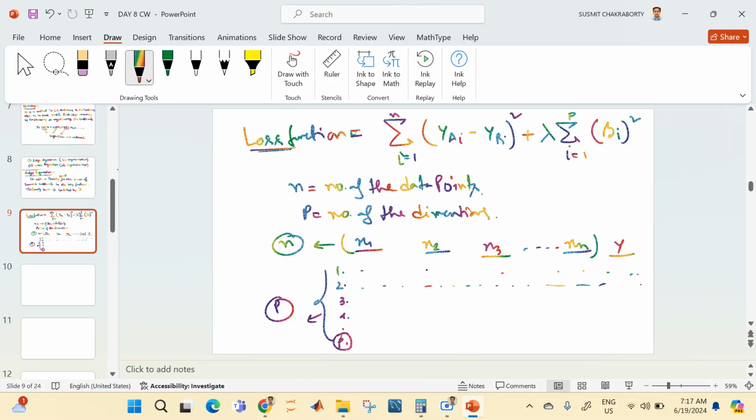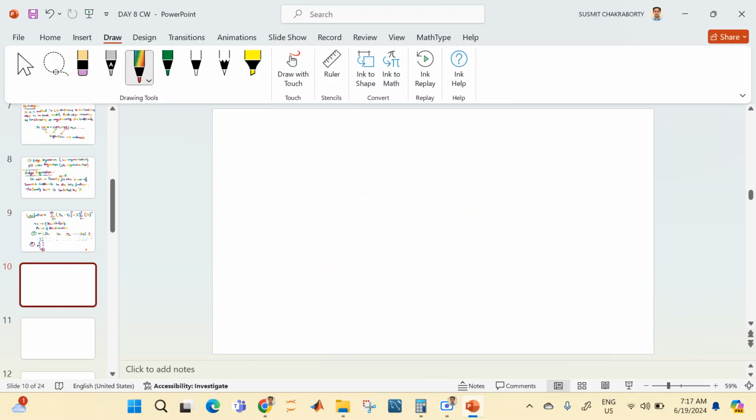By adding this term to the loss function, basically the beta is reduced, right? Suppose beta equals 200 and lambda equals 0.01. If I multiply these two, lambda times beta squared: 200 squared is 40,000.